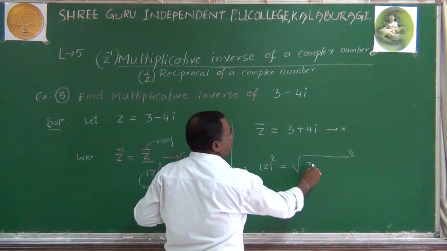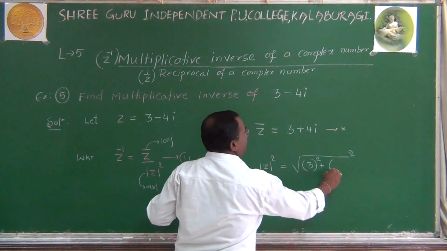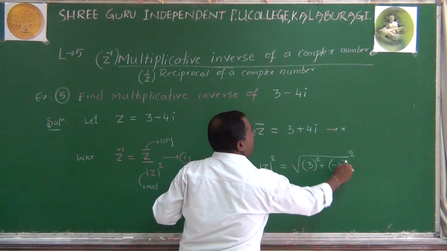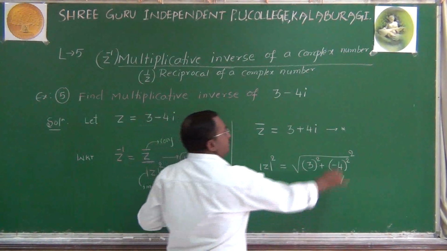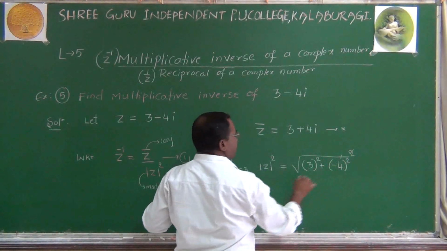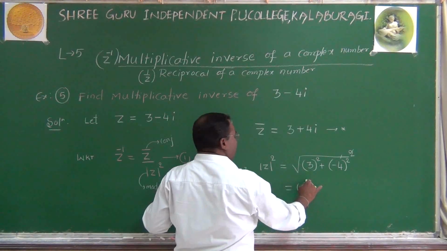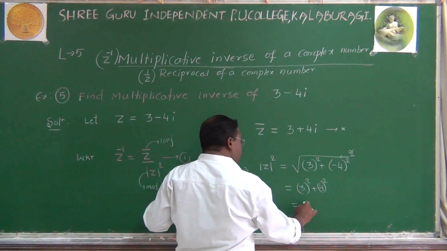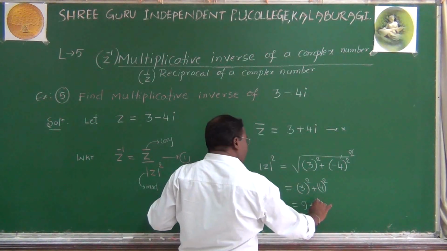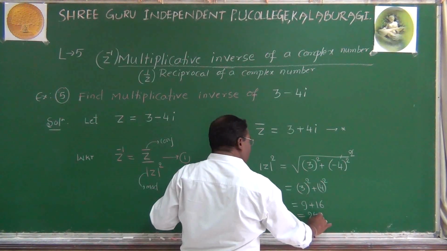That is the square root of 3 square plus minus 4 whole square. Square and root get cancelled. Remaining 3 square plus 4 square. Negative square is always positive. 3 square is 9, 4 square is 16. 9 plus 16 is 25.